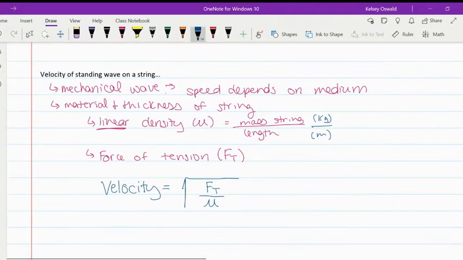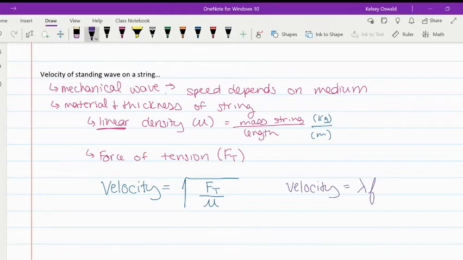And since it's a mechanical wave, that velocity is only going to depend on your force of tension and that linear density. Okay. Once you determine your velocity using that information, we then could potentially use the equation from earlier in this unit that our velocity is equal to our wavelength times our frequency.